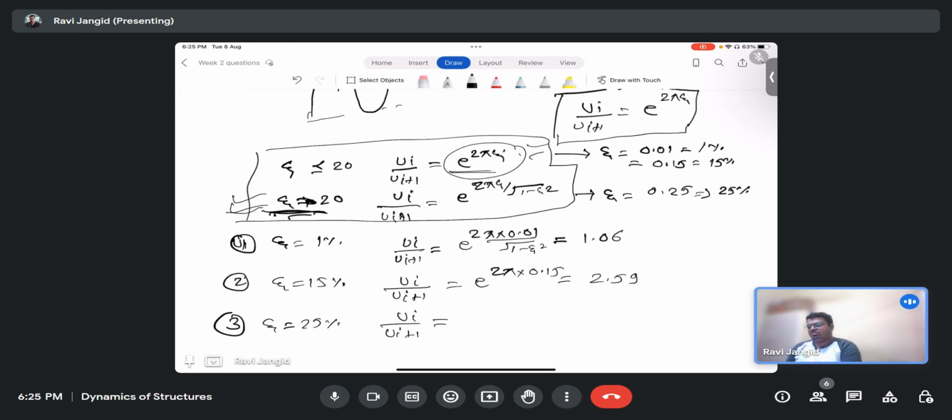So for this you need to use 2 pi times 0.25 divided by square root of 1 minus 0.25 squared. What is the answer? 5.06, sir. Okay, it is 5.06. And can you try with the simple formulation?